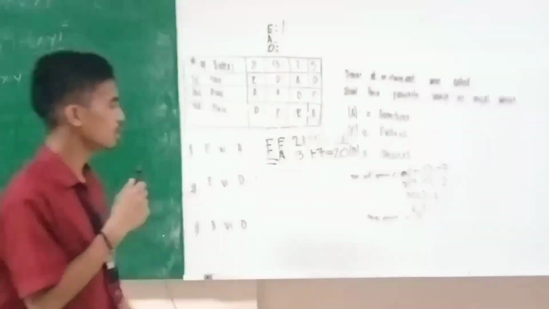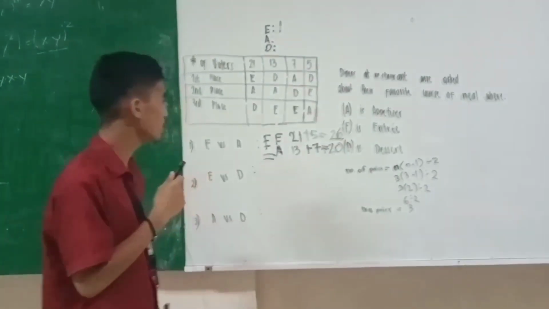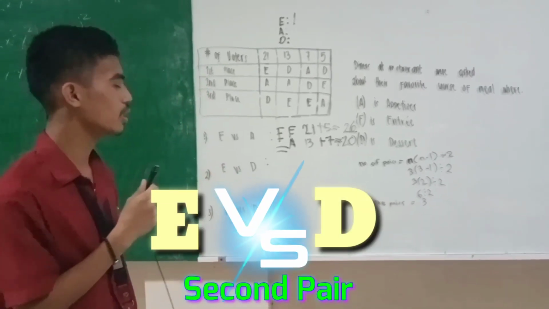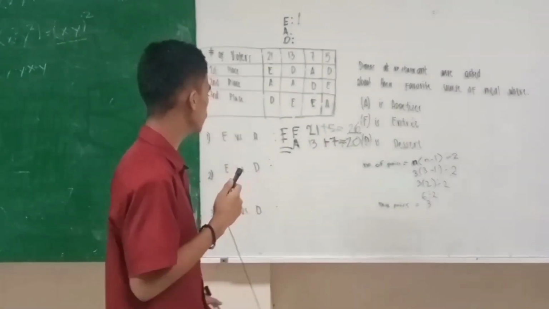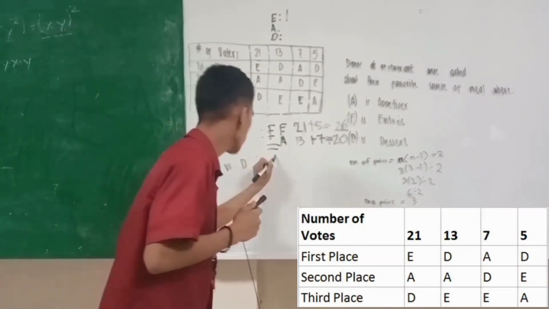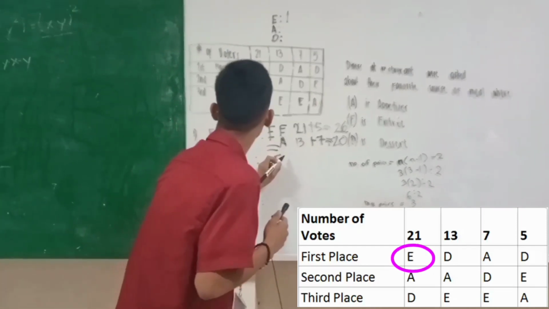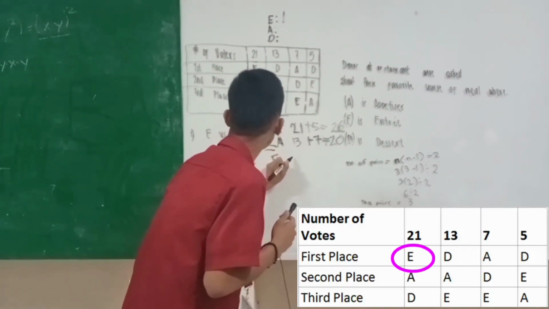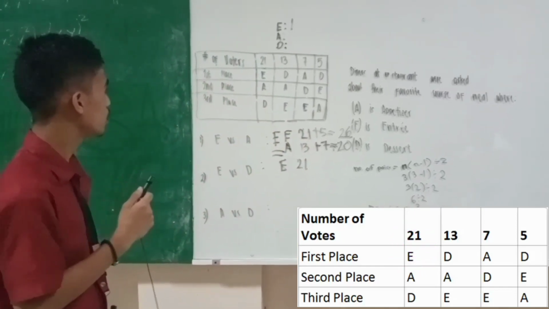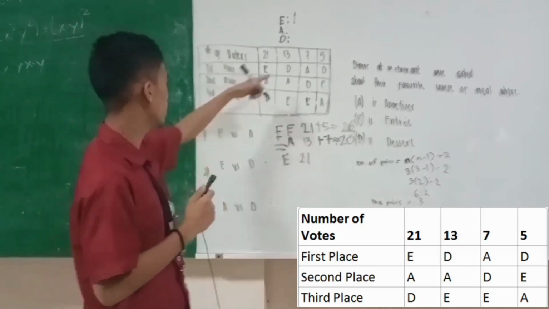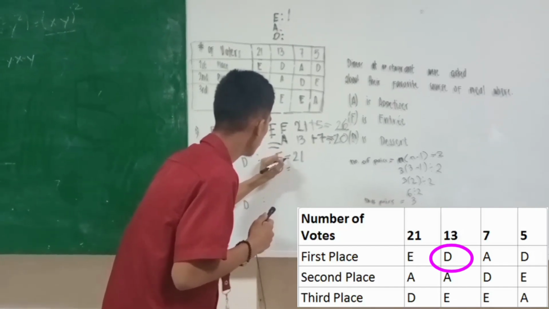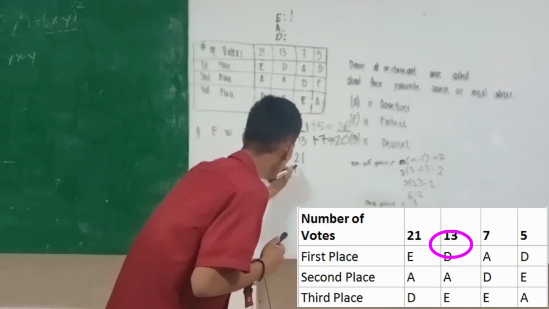In the second pair, we need to know the favorite course of meal between entree and dessert. In the first column, the entree gets first place with 21 points. In the second column, the dessert gets first place also, with 13 points.